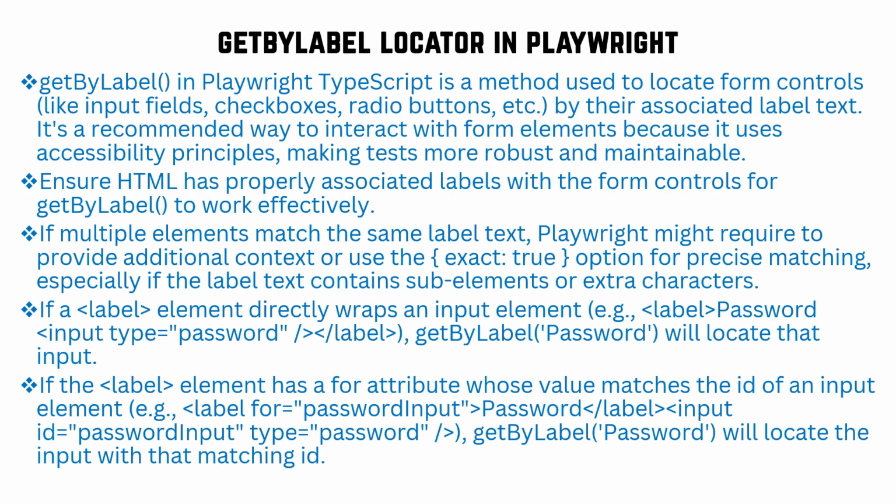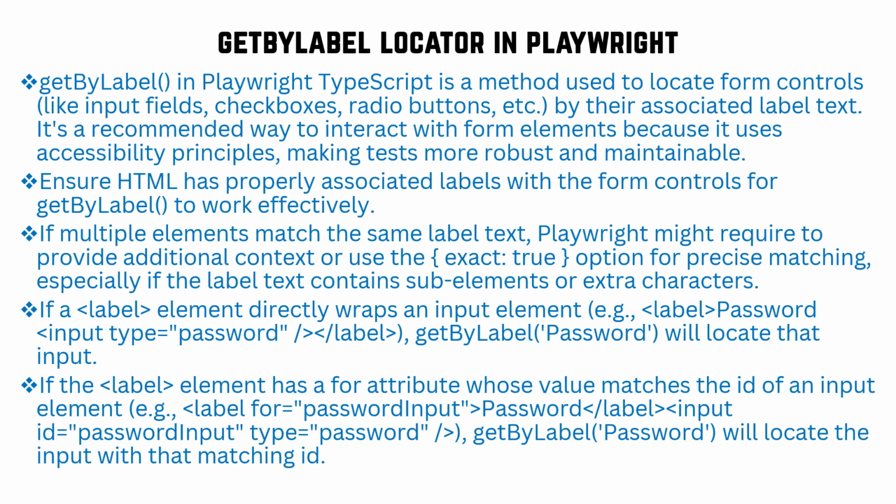Okay. The last one is the built-in locator called get by test ID in Playwright. Get by test ID is a locator method in Playwright with TypeScript used to find elements based on their data-testid attribute. So this attribute should be present, data-testid. Only then can you use the get by test ID locator method, or a custom test ID attribute configured in Playwright.